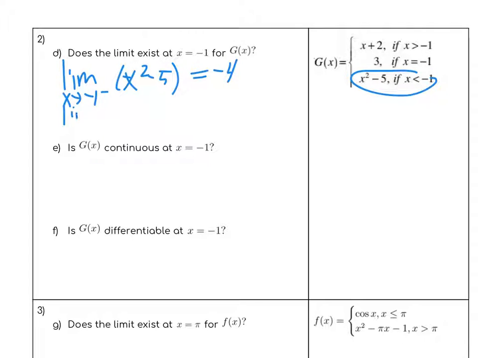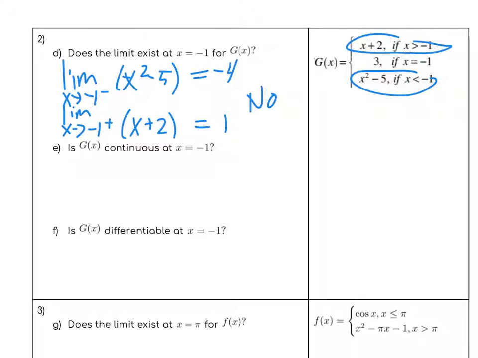And the limit as x approaches negative 1 from the right. We're going to use that one. We get x plus 2, so negative 1 plus 2 is 1. No, the limit does not exist. No, it is not continuous because the limit does not exist. And no, it is not differentiable because it is not continuous.